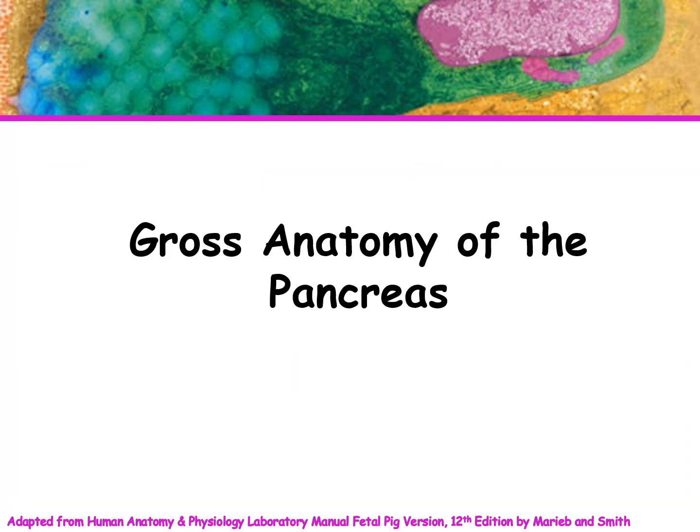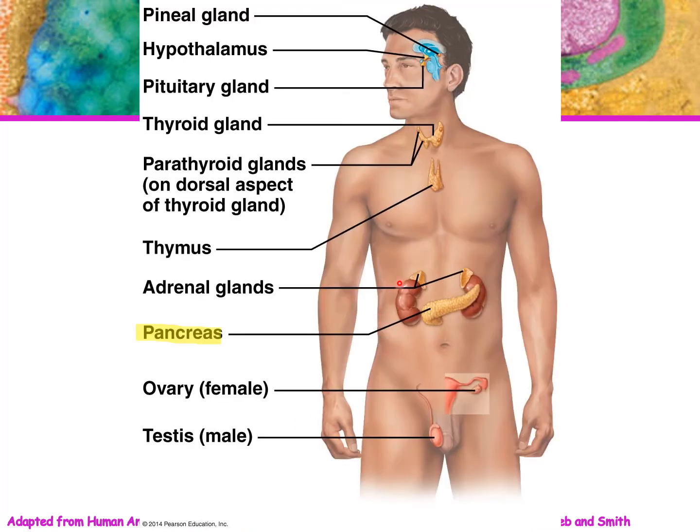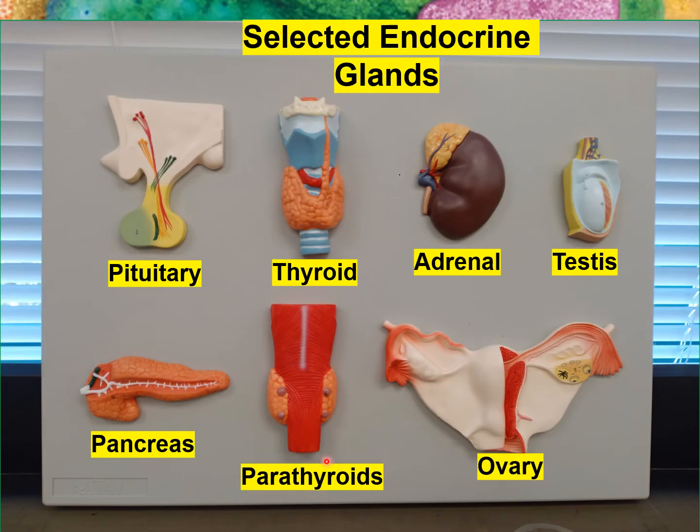Before we look at the histology, we'll take a look at the gross anatomy. This diagram shows us where the pancreas is located. It's located in the abdominal region, and it is most closely related to our stomach and a portion of our small intestine known as the duodenum. This shows us what the pancreas looks like on our model.